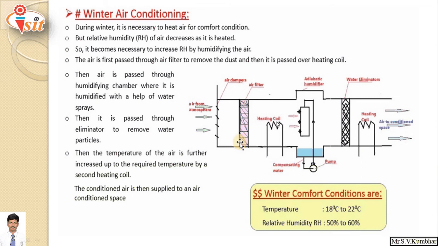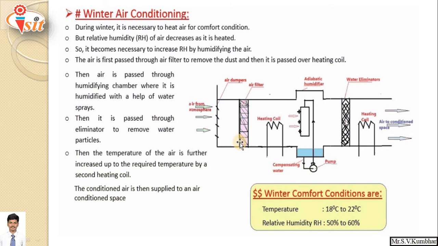Due to heating, its relative humidity decreases and this air is then passed through an adiabatic humidifier where water is continuously sprinkled, because of which humidity increases, and after this it is passed through a water eliminator.